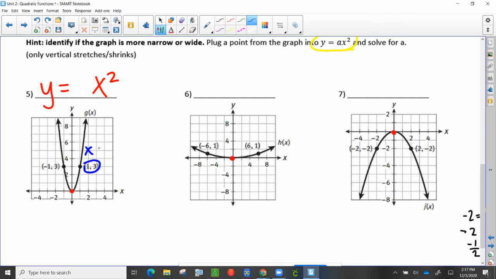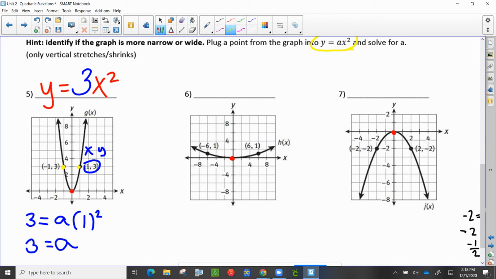Remember, your ordered pair is x, y. So y equals a times 1 squared, ax squared. Well, 1 squared is 1, so we get 1a equal to 3. So that's your coefficient, your a term. Now you could also see that on either side of the vertex, these points go up by 3 on each side. So you can also do it by looking at the graph as well.